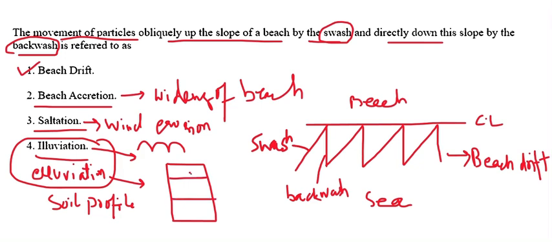Suppose here the material is eroded and goes down, we call this zone elluviation, and this zone where the new material is deposited, we call illuviation. These are the terms that are used for that. So in this way we have to go through the questions.